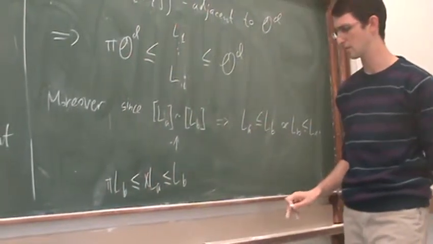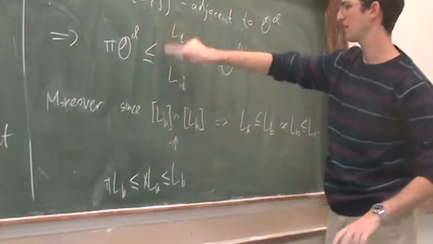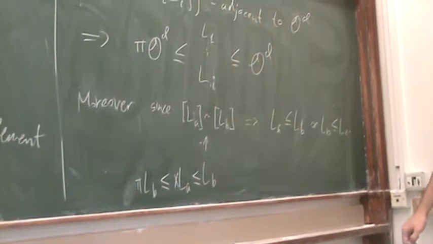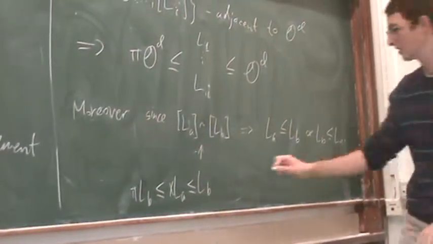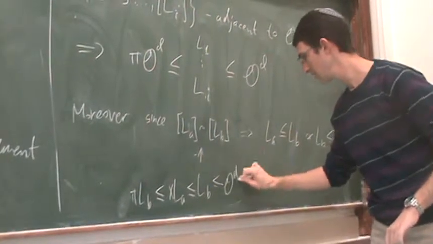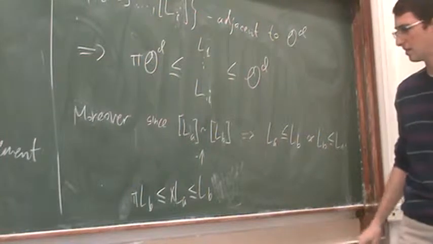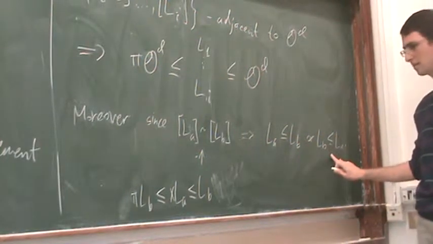Why is it true for x equals 1? The reason is that everything lies here. So how do I do that? Well, it should be very simple. So the thing is that this is O to the D, and I know that La lies here. Anyway, this should be obvious.